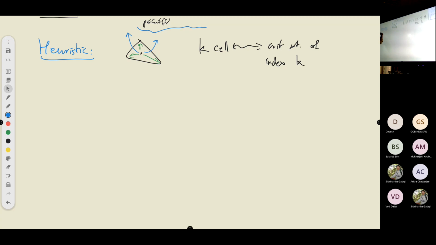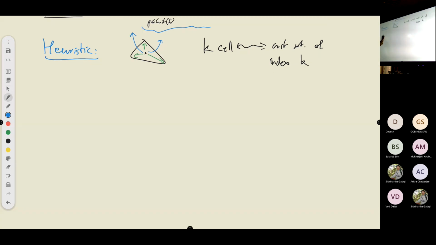Shubhaja asked this question about how the K cell corresponds to a critical point of index K. So when you have your K cell over here, you move along in all the directions inside the cell, and those are the places where your function decreases.